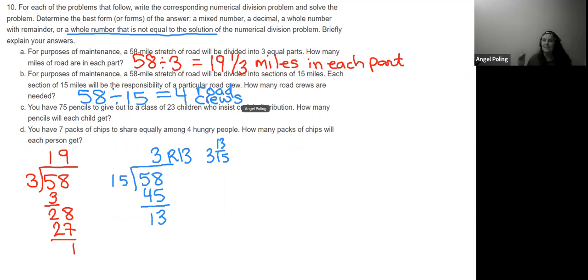We're still going to send a crew out to clean that 13/15 of a road or maintain it or whatever is necessary. So that's always an exciting one to see.